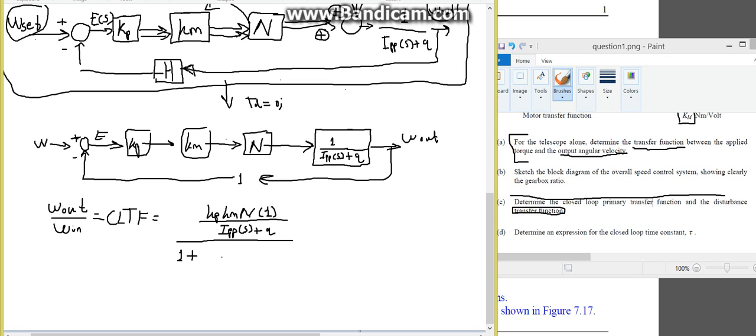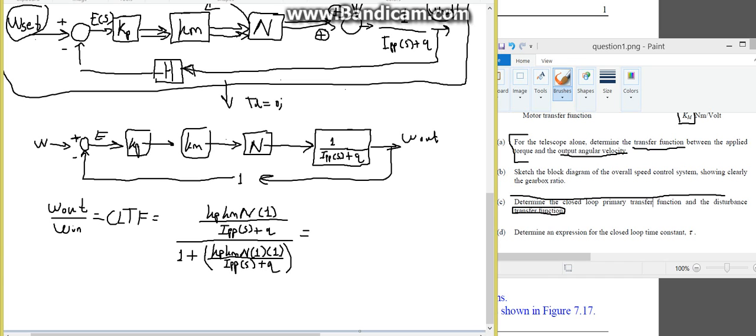Okay? So this is similar to the term we have above, but this time you consider the 1 again. So we have another 1 here. The reason I put that down is just to show you how the measurement transducer is being included in the feedback loop.